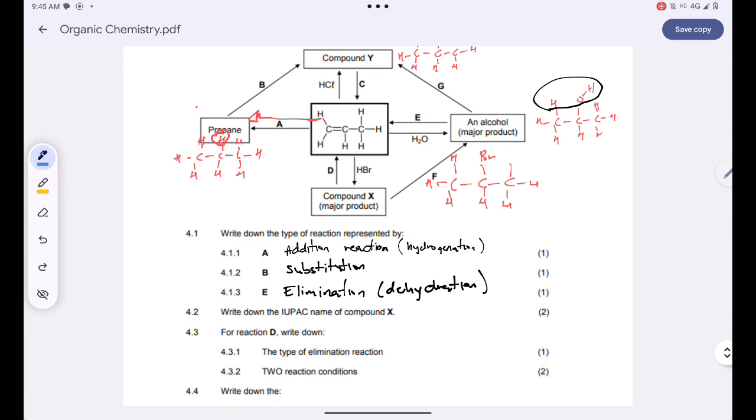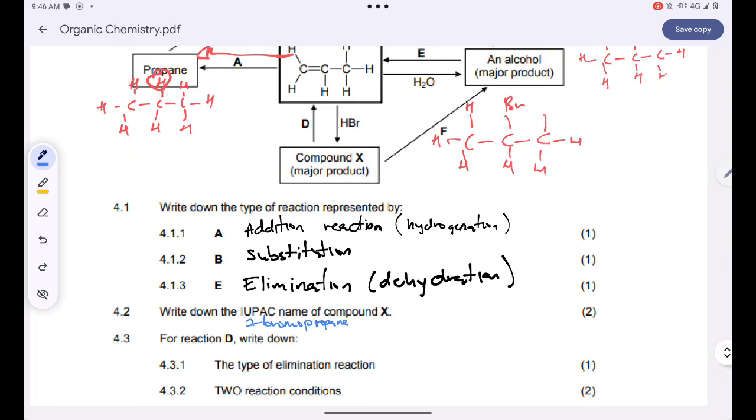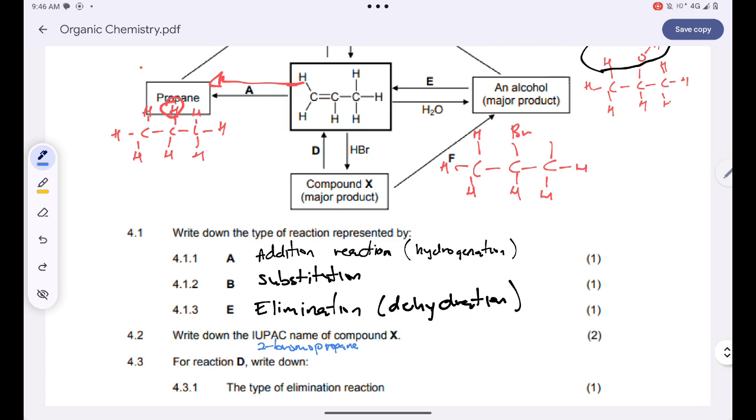Okay, and then I must write down the IUPAC name of compound X. Compound X is just 2-bromopropane. And then for reaction D, I must write down the type of elimination reaction. I'm moving from compound X, this is my compound X, back to propene. That means I must eliminate these two.